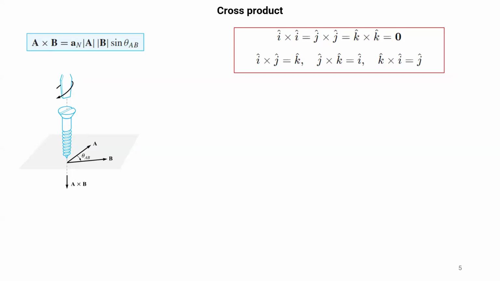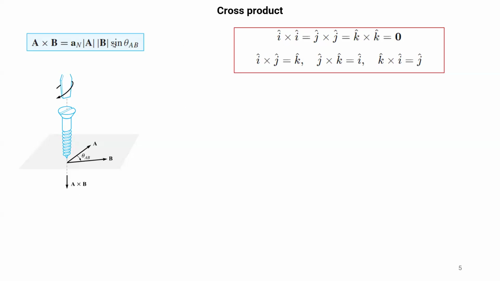And this part here, A, B, sine, corresponds to the magnitude of this vector. And an gives you the direction of this new vector. And this an is orthogonal to both vectors A and B.